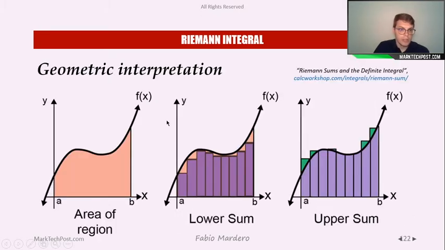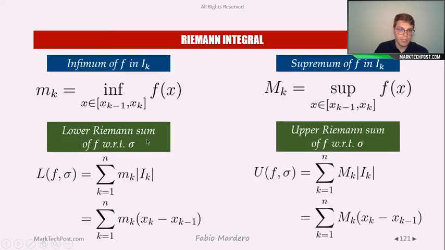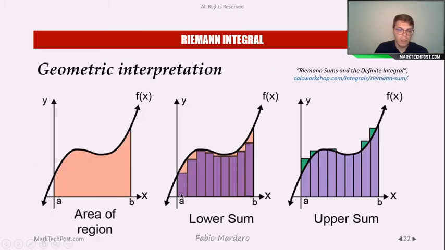Here's the geometric interpretation. Here we have our function and we want to compute the area between a and b. For the lower Riemann sum, we take the infimum and we multiply. So, what's the area of the rectangle? It is the base, the length of the element of the partition, times the height.